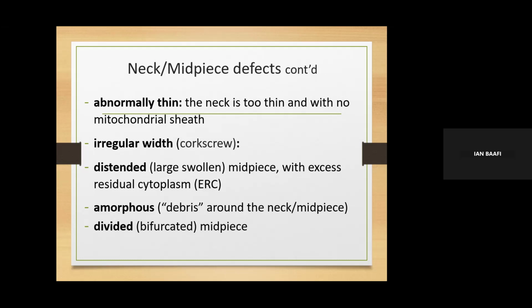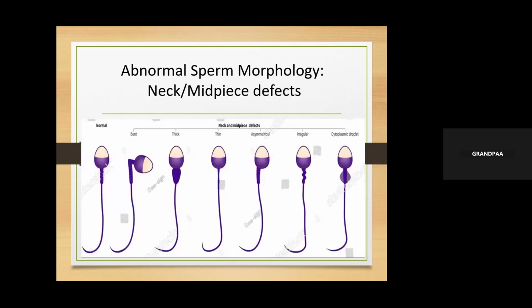Then amorphous: sometimes there's some kind of debris, some irrelevant things all around the neck area, and so it gives you the amorphous. Then you have the divided mid piece. Instead of being a single piece, it appears to have been divided, and that's bifurcated. So that is also one abnormality.